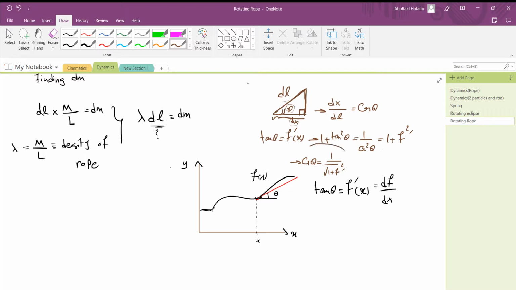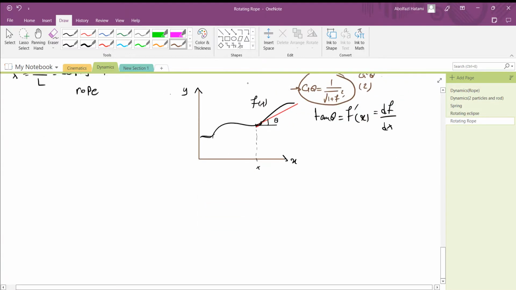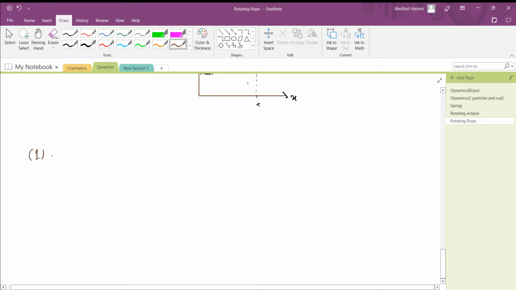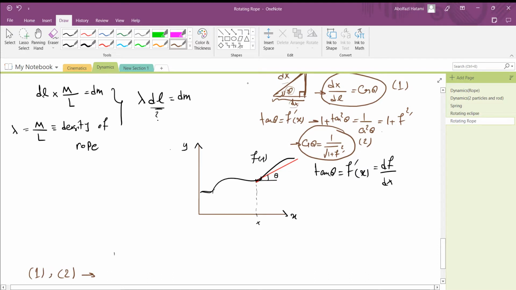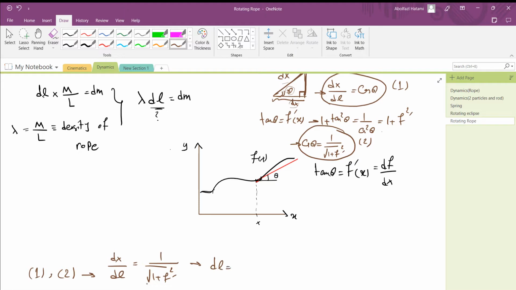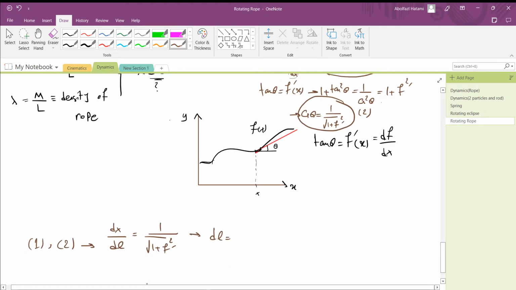I call this equation 1 and this one equation 2. With 1 and 2 we can obtain that dx over dl is just 1 divided by radical 1 plus f prime squared. So dl, the differential of the length of this differential element, is going to be radical 1 plus f prime squared dx.